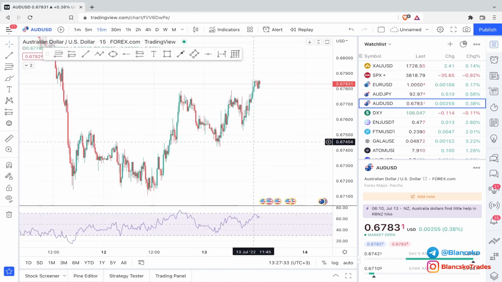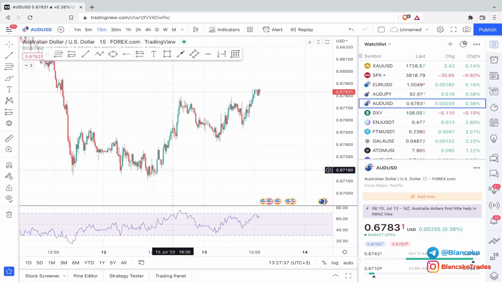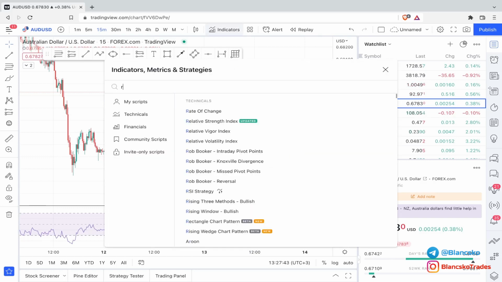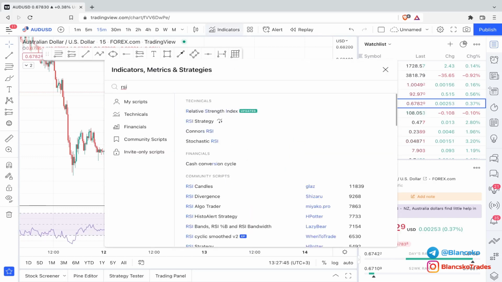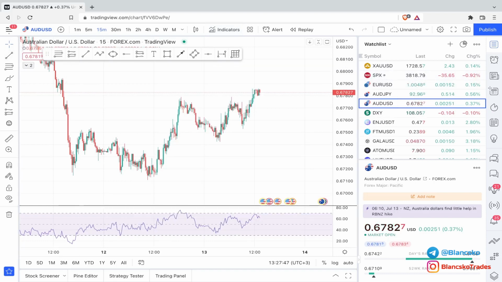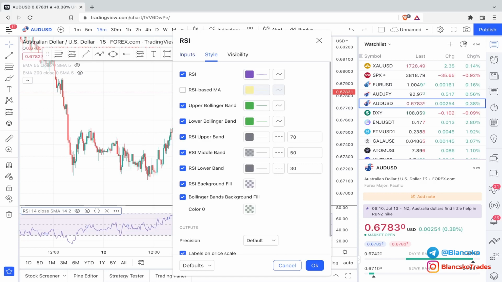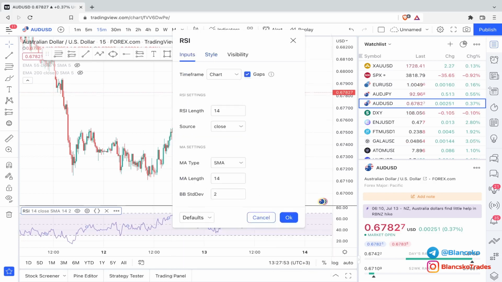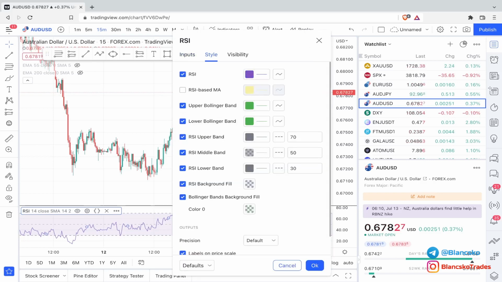Now you might ask, how can I identify a hidden bullish or a hidden bearish divergence? Well, with the help of the RSI. All you need to do is go here, search RSI, select this one, and it will appear here. Then go on it, and on style, leave everything as default, and untick this RSI-based MA.